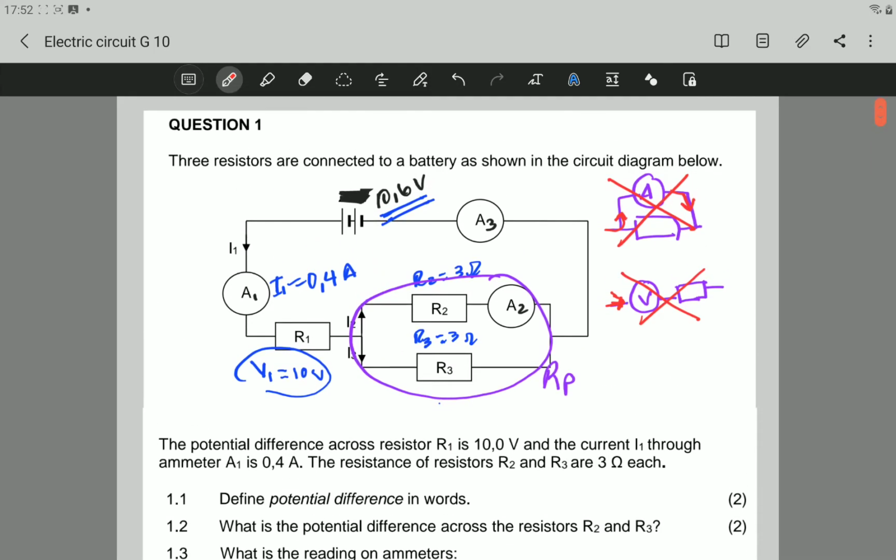First we can look at A3. Remember from the previous video that the current in a circuit is the same everywhere except in the parallel connection, where the current is split in two parts. However, here it's coming together again and it's going to be 0.4 amperes, the same as the first ammeter.